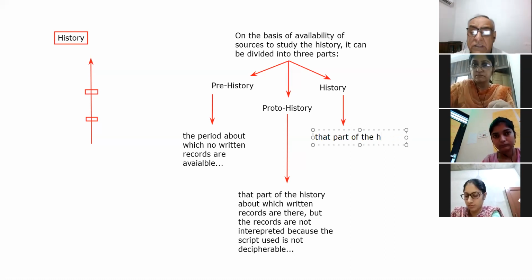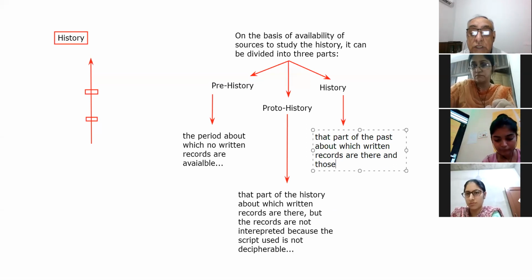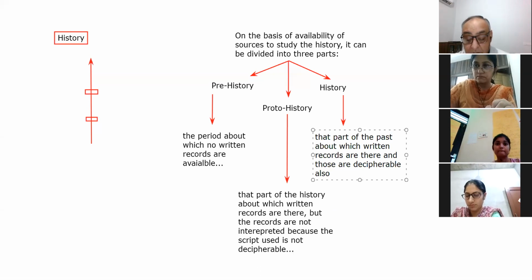That part of the past, you can say, that is better to say, about which written records are available, and those are decipherable also. So that is called the history.